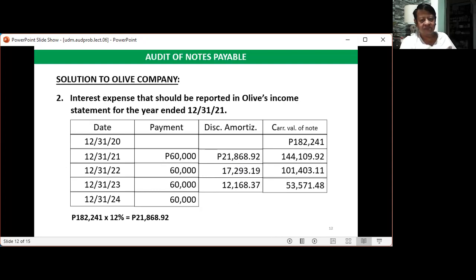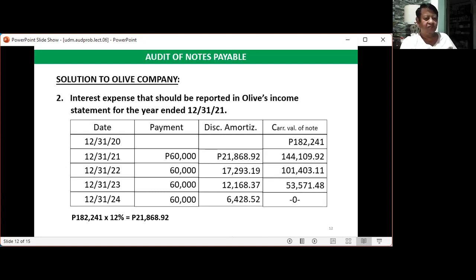And that is 53,571.48. We will multiply this again by 12%. Our discount amortization is 6,428.50. We will deduct this from 60,000, and whatever is the difference will be deducted from here. So we have a zero balance of the promissory note.